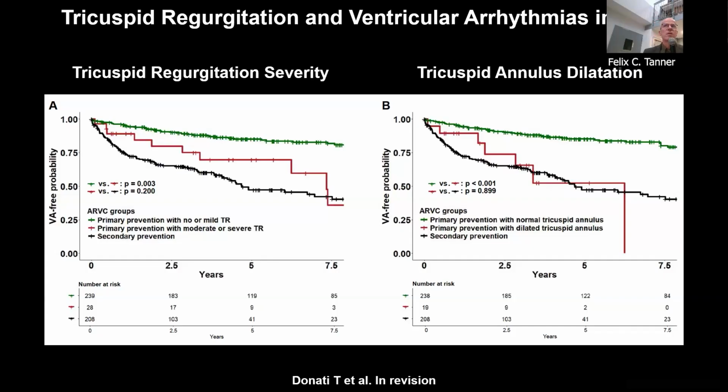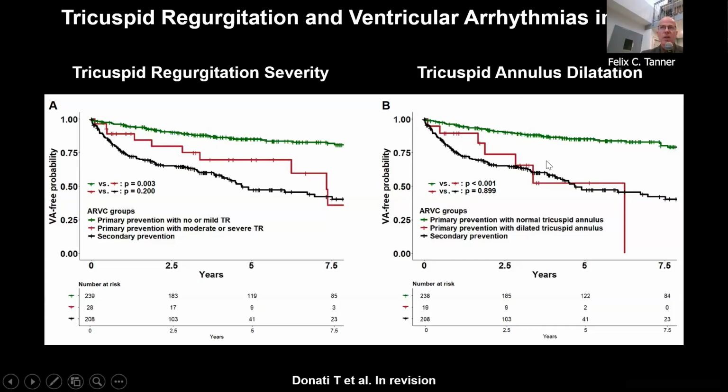This is always the most important predictor of future events. Now, when you are in primary prevention, so you have never undergone a ventricular arrhythmia yet, and you have a high-grade tricuspid regurgitation, your risk is comparable to a patient in secondary prevention.